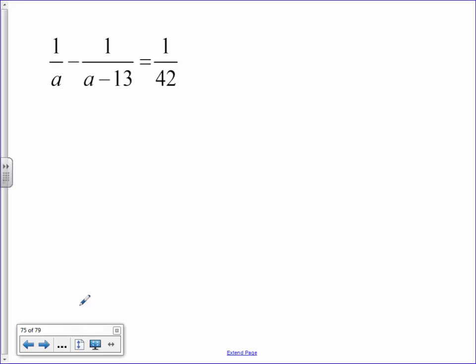Alright. If you're stumped and you want a hint, just look at the board. I won't talk. I don't want to distract you guys too much. Here's how you could solve it.